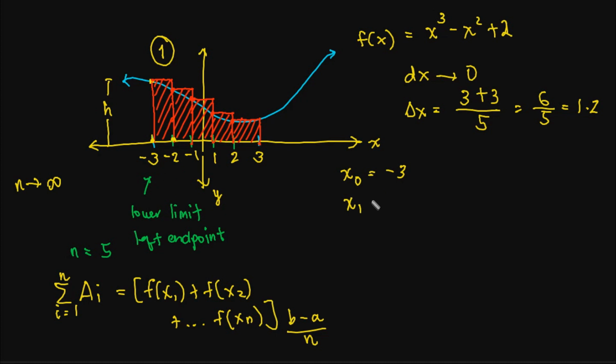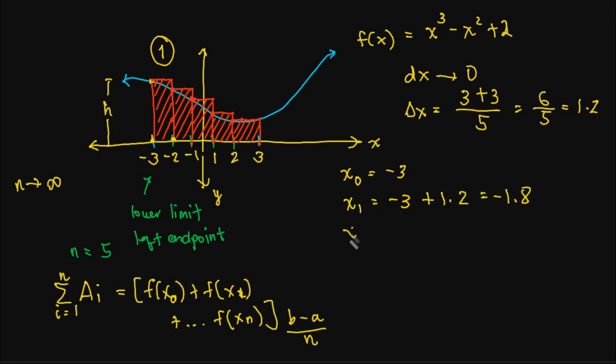Anyway, kung 1 naman in-start mo dito, you can just use 1, 2, 3. Basta mag-start kayo dun sa pinaka left endpoint, which is your lower limit. So how about x sub 1? So kanina pinakita ko sa inyo that will be negative 3 plus 1.2, which gives you negative 1.8.